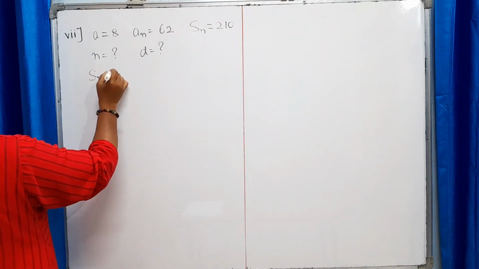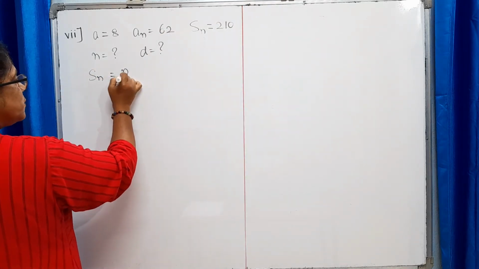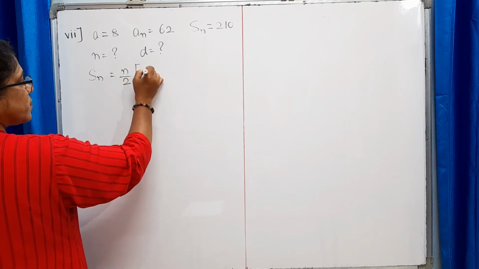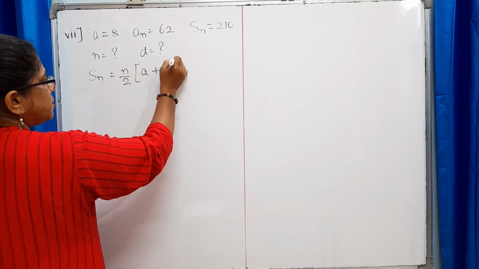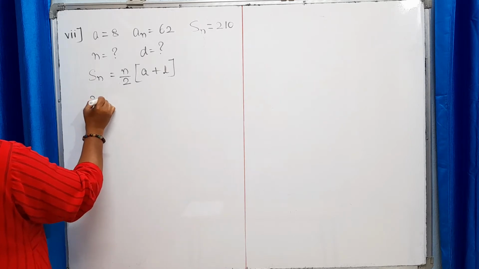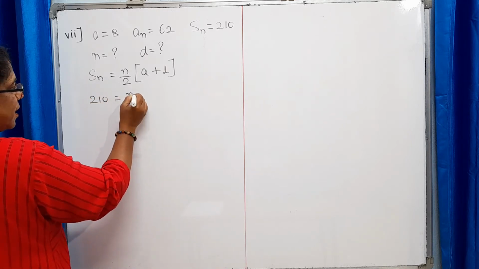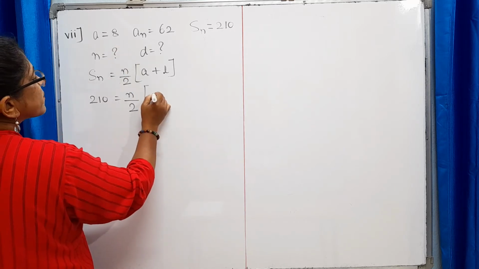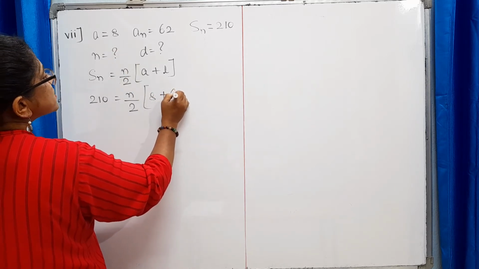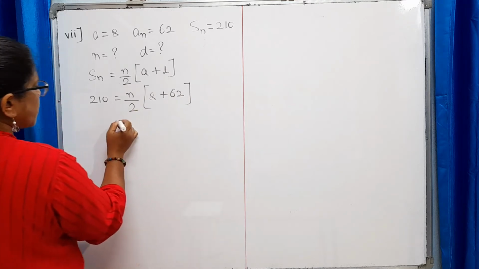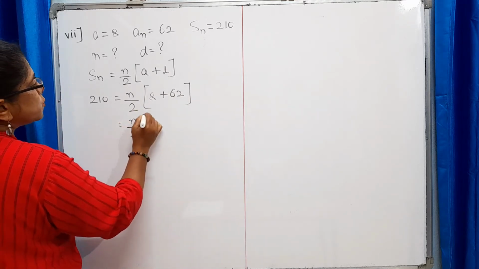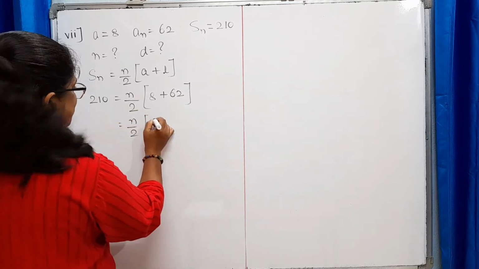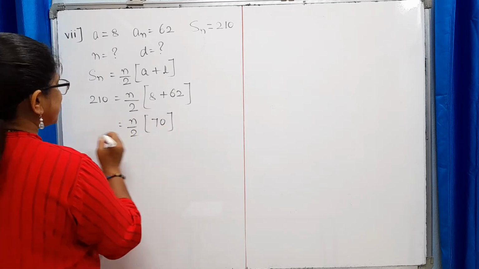Let us use our simple formula. Sn is equal to n upon 2 into the bracket a plus an. Sn is 210. N we have to find out, into the bracket 8 plus 62. Okay. N upon 2, 8 plus 62 is 70.